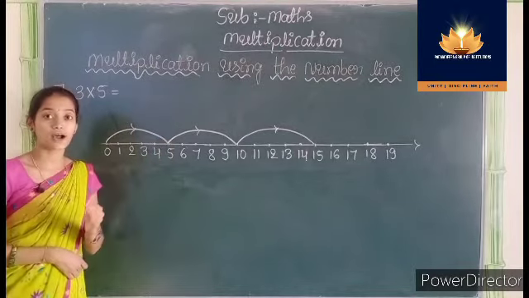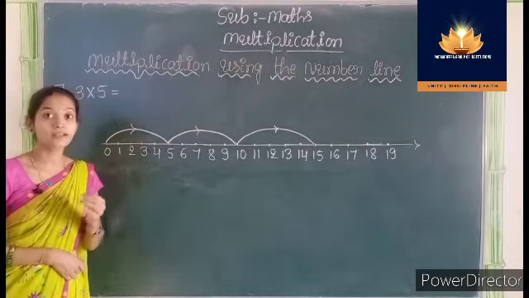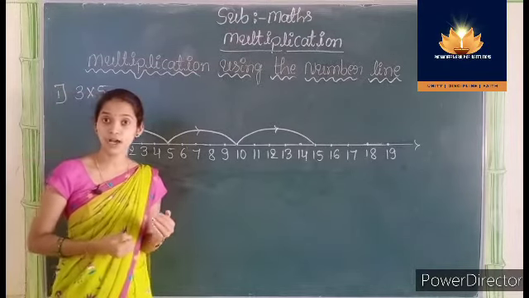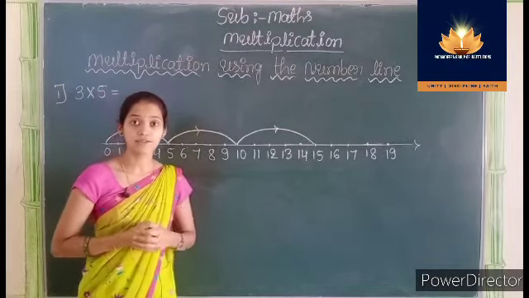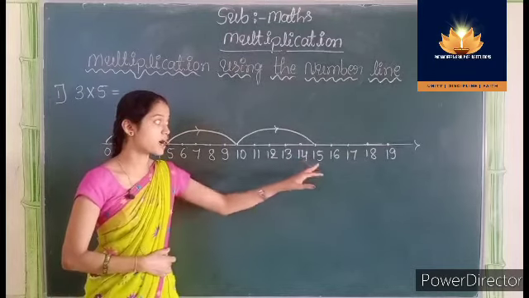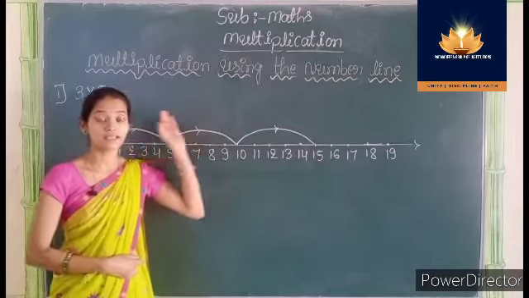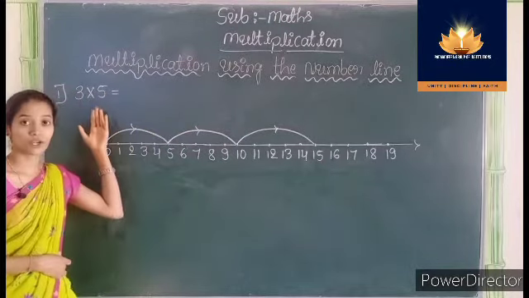So in each jump 5 stages are covered. After performing 3 jumps covering 5 stages, we reached 15. So 15 is the answer for this question.